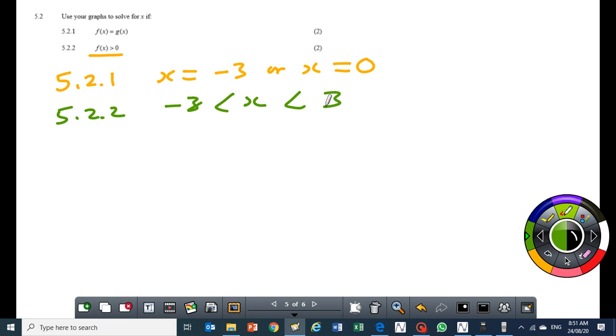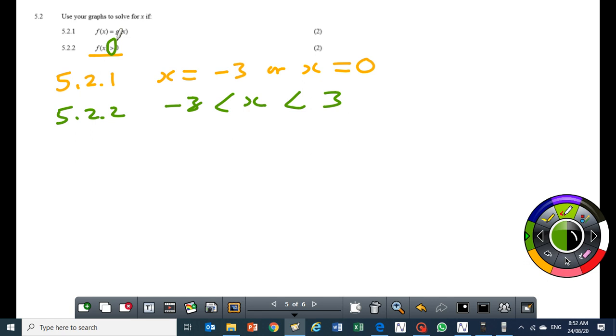Now, because we have this greater than sign, no equal sign, you are not allowed to put an equal sign here and an equal sign here. If there was an equal sign, then you can put an equal sign.